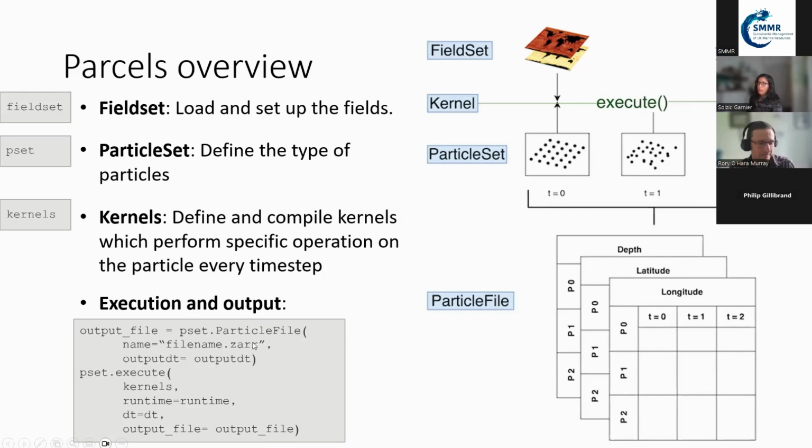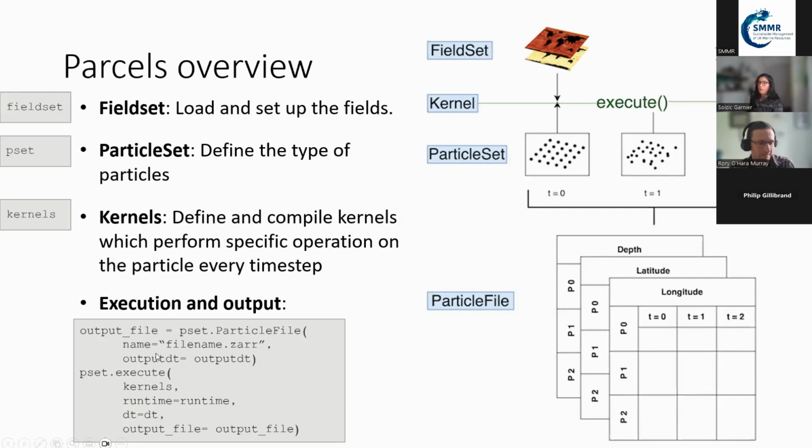This is the format that Parcels is using to save the output. So you may be more used to the netCDF file format. Well, Parcels chose to change that and use a zarr format because this is meant to be more computationally efficient. But you can easily convert it to a netCDF file if you prefer.